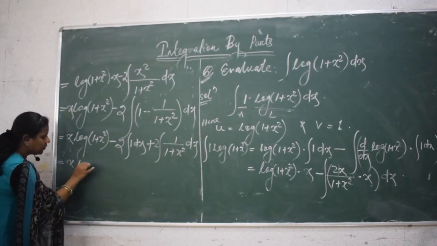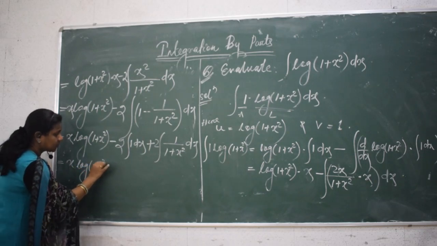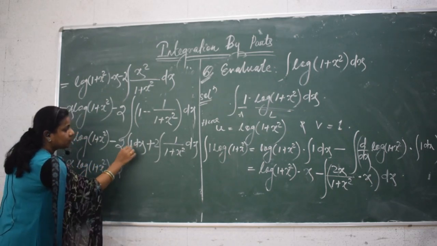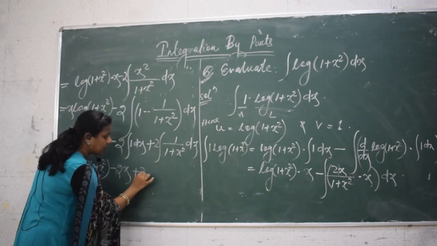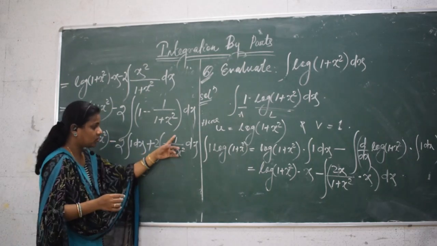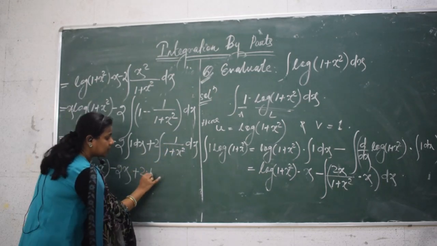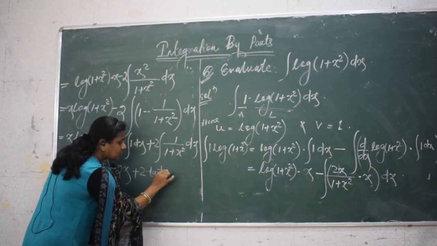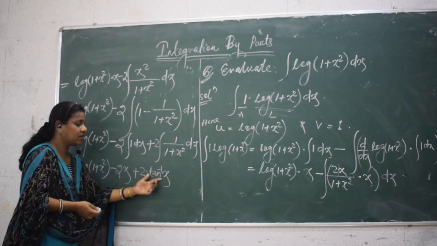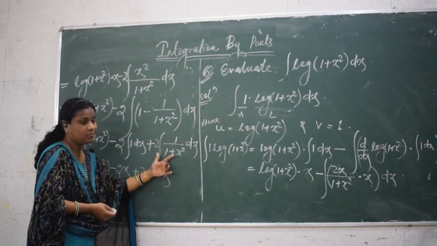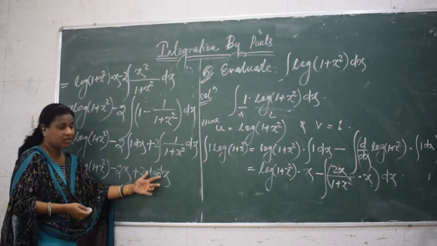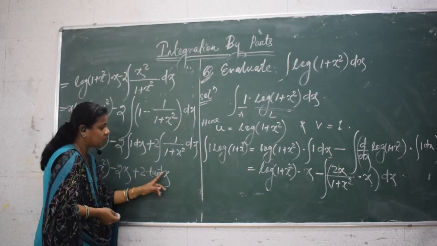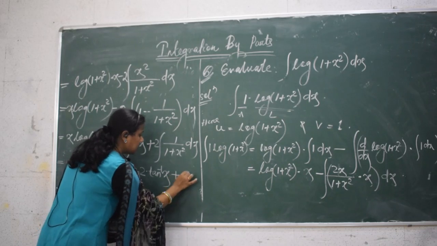Log of 1 plus x square minus 2 into the integration of 1 dx, which is x, plus, here 2 is multiplied, 2 into the integration of 1 by 1 plus x square, that is tan inverse x, because the derivative of tan inverse x is 1 by 1 plus x square. Since integration is the antiderivative, you can write 2 into tan inverse x plus c.